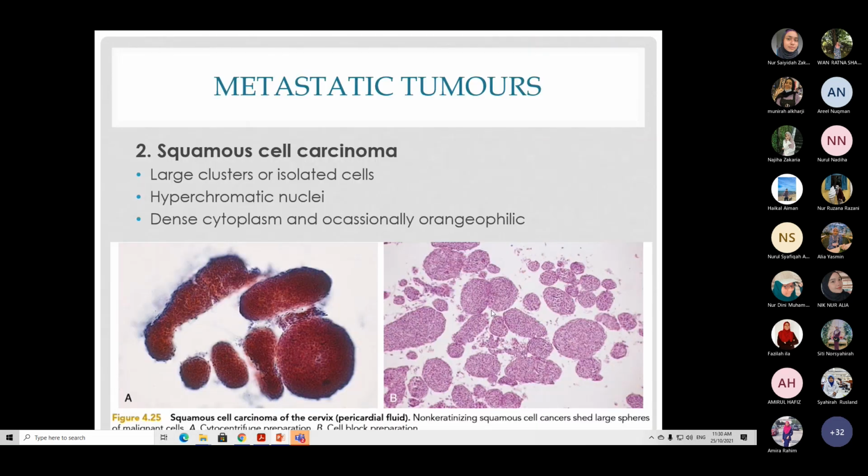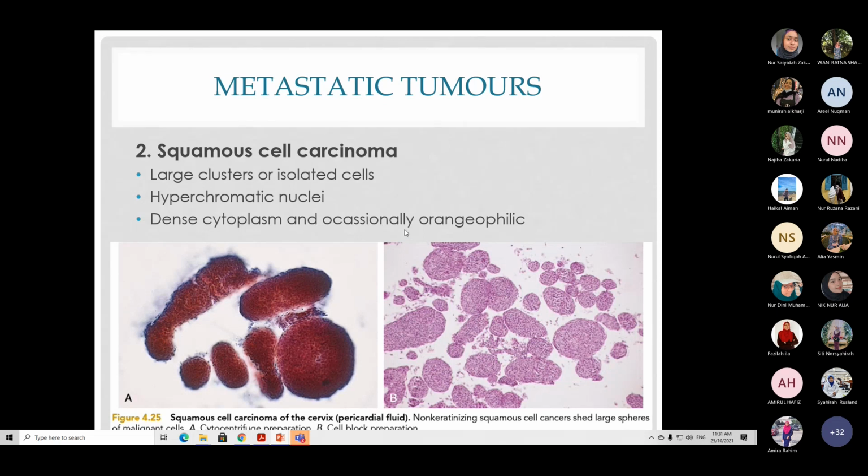Second metastatic tumor is squamous cell carcinoma, for example here in the cervix. The features are large clusters, or sometimes isolated cells, with hyperchromatic nuclei, and the cytoplasm is dense and occasionally orangeophilic.